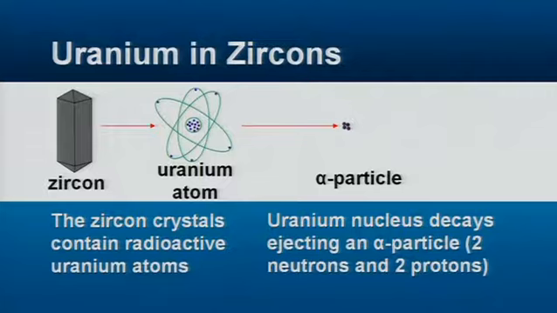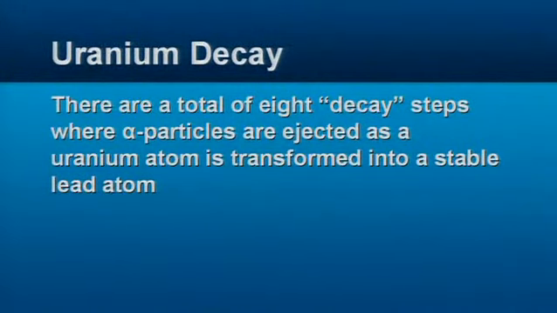They radioactively decay. And each uranium atom, at each step of the decay process, shoots out an alpha particle, which consists of 2 neutrons and 2 protons. In other words, it's reducing the size of its nucleus so it can become more stable. Now, there are a total of 8 alpha decay steps as the uranium atom is transformed into stable lead. And I'm going to show you again the list of those decay steps in a moment.